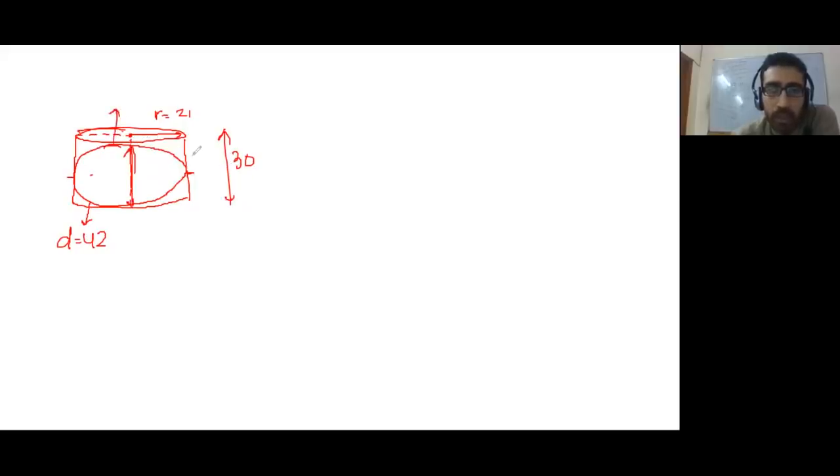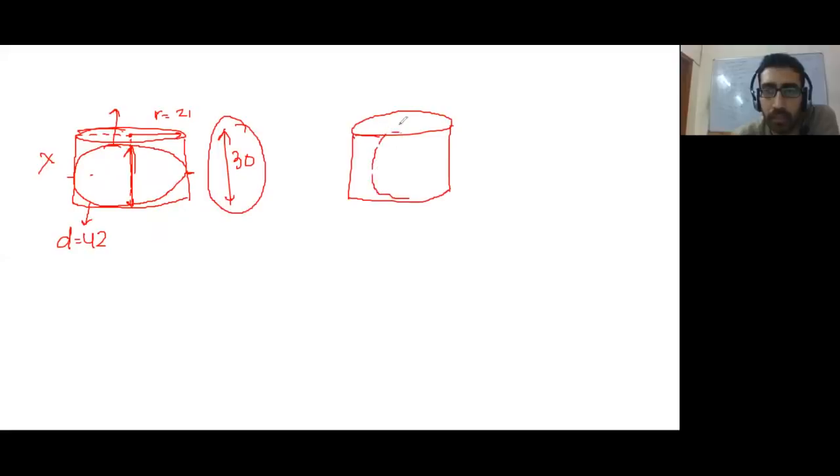If the height is only 30, how can a diameter of 42 units fit inside the cylinder? This is not going to happen. So your limiting dimension here is the height. The height limits the dimensions in a way that determines the sphere that fits. So let's say this is the sphere.